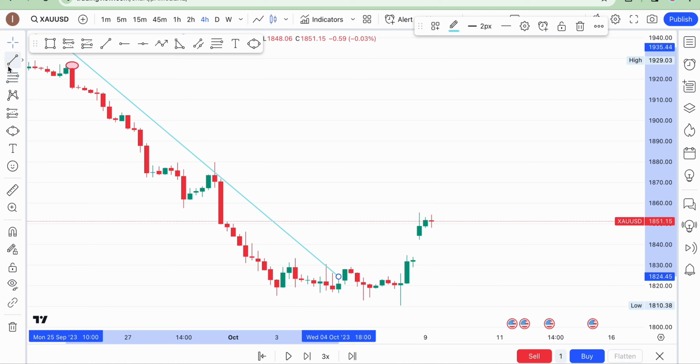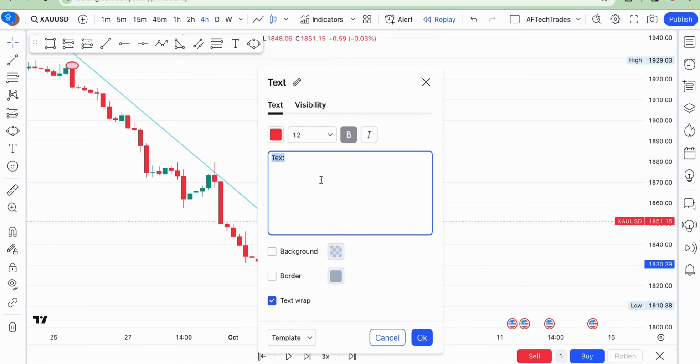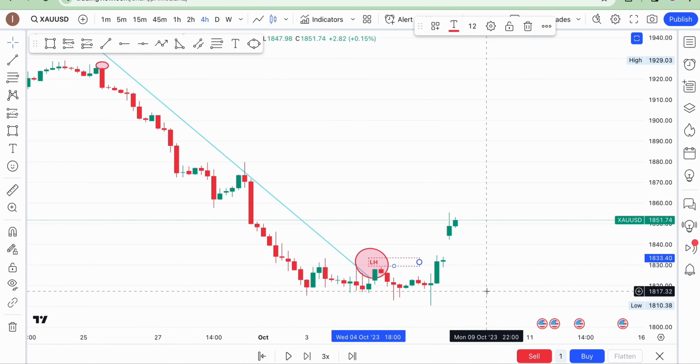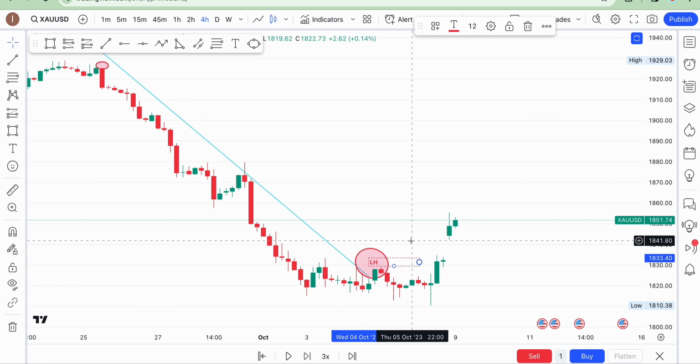Let me mark the place for you to see. So you see it breaks through our previous lower high, right? So what will you do now when you see a situation like this?